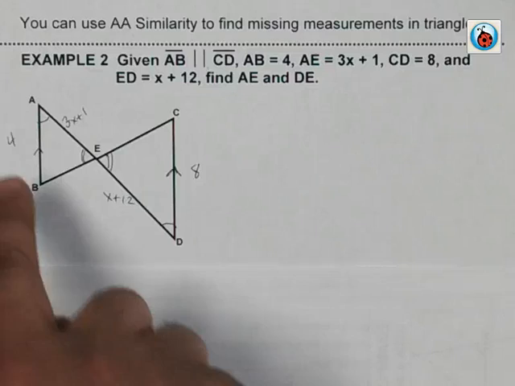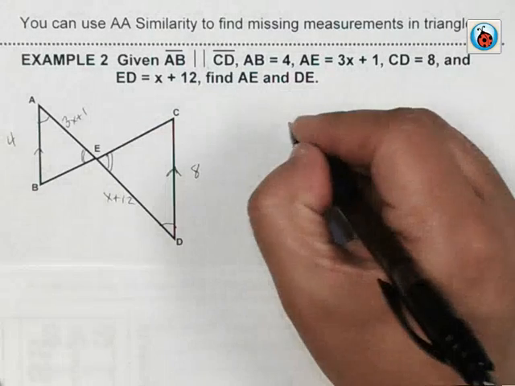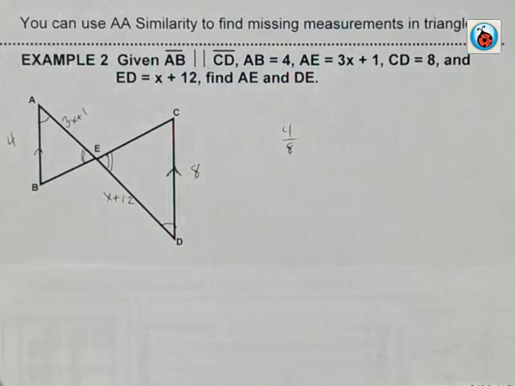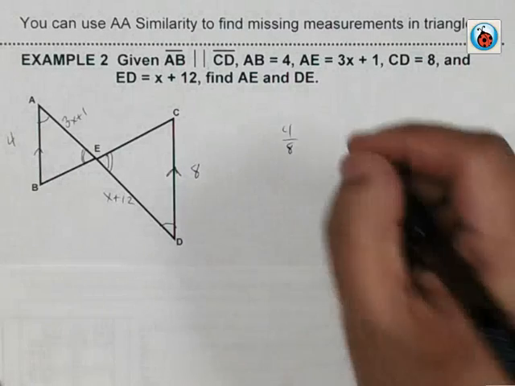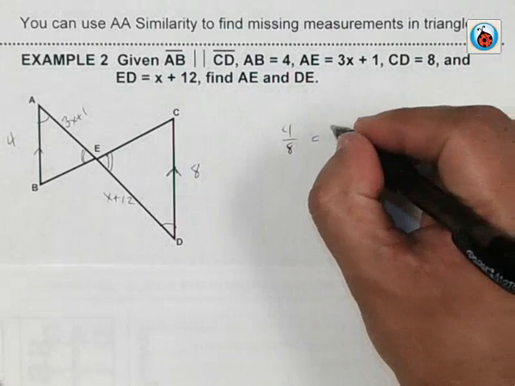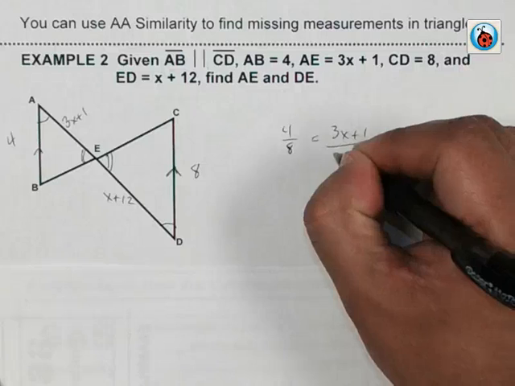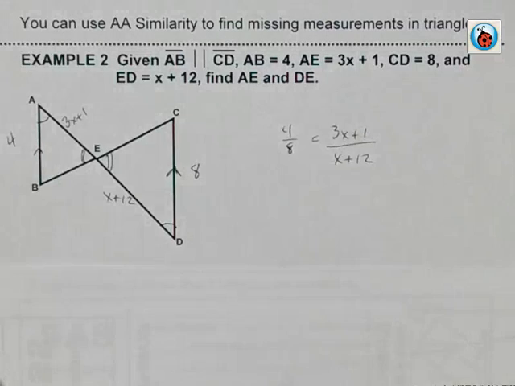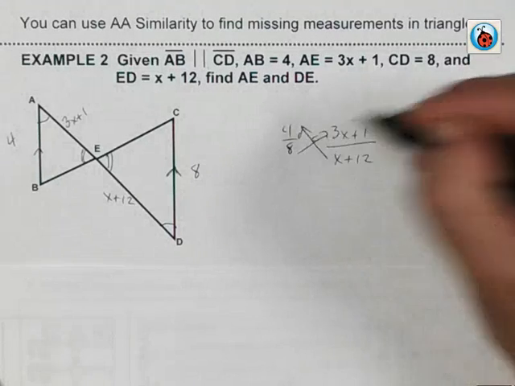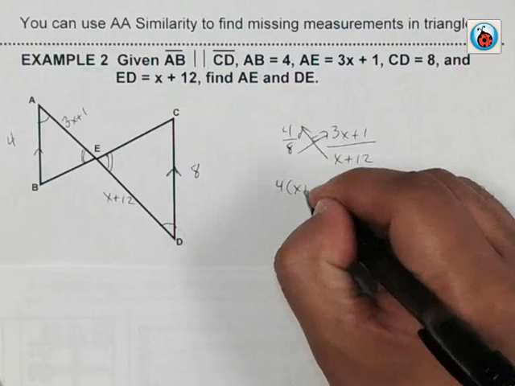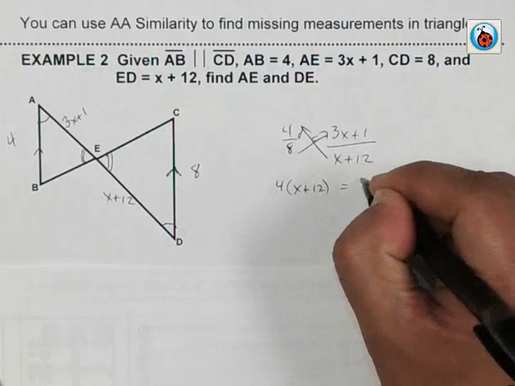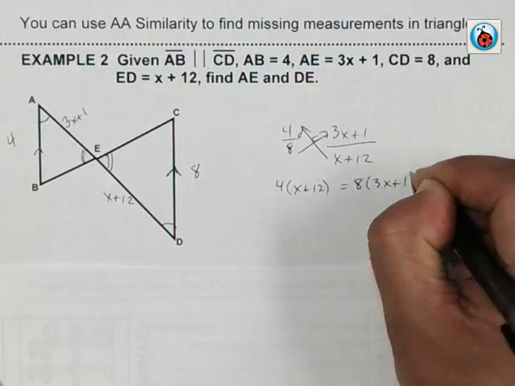Corresponding sides are 4 to 8, so that's my ratio. I'm going to solve this using proportions: 4 is to 8 as 3x plus 1 is to x plus 12. Using cross products, 4 times x plus 12 equals 8 times 3x plus 1.